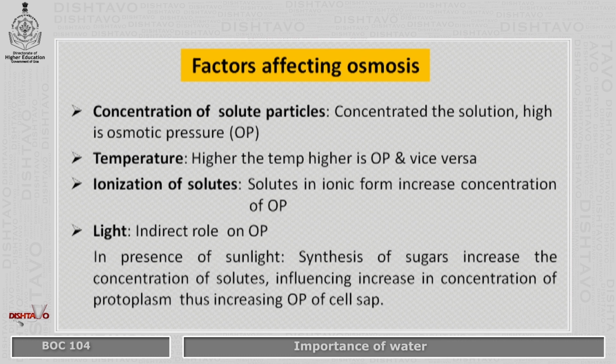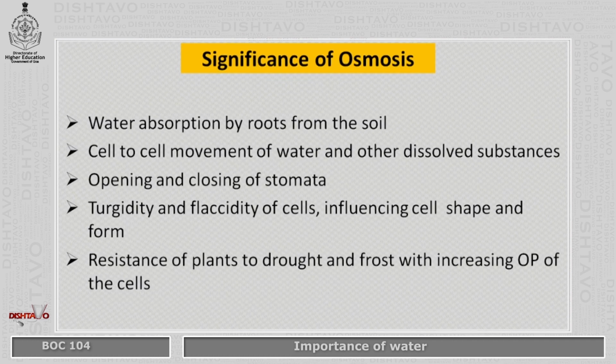Light may have an indirect role on osmotic pressure because in presence of light, sugars will be synthesized which account for increasing the concentration, and this in turn results in increasing the concentration of the protoplasm, thus increasing osmotic pressure of the cell.